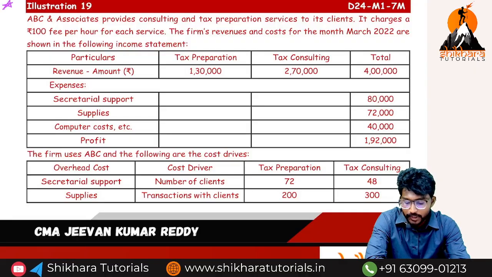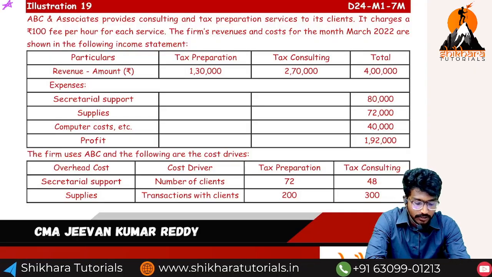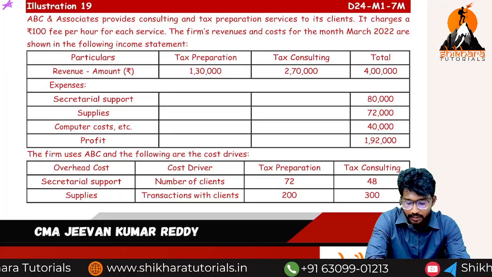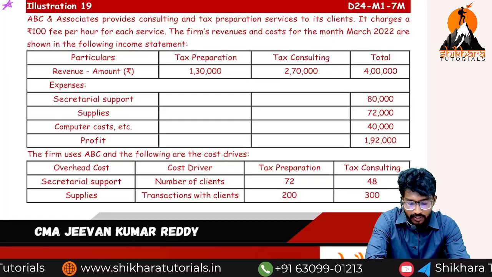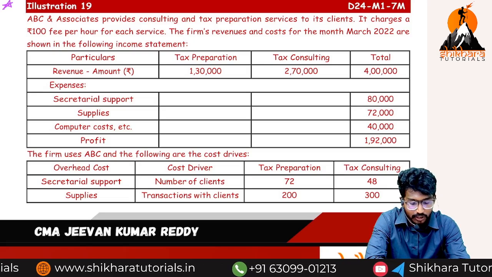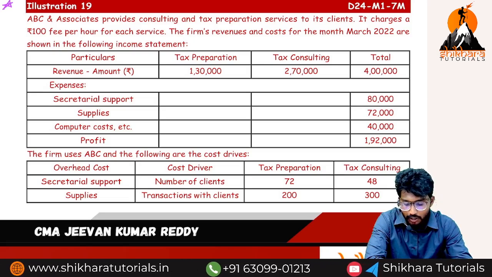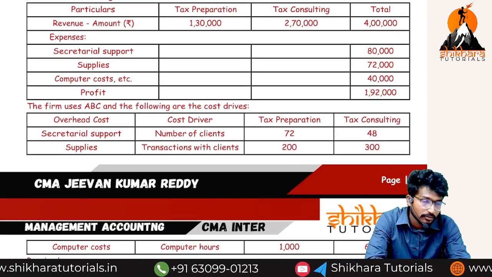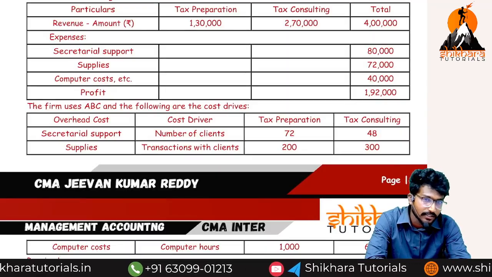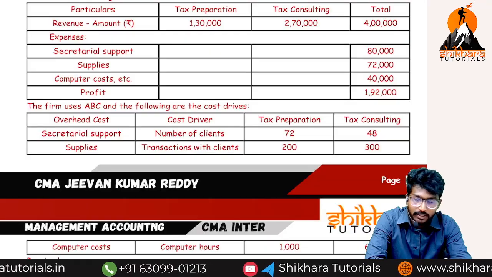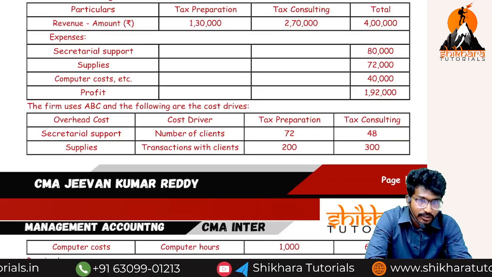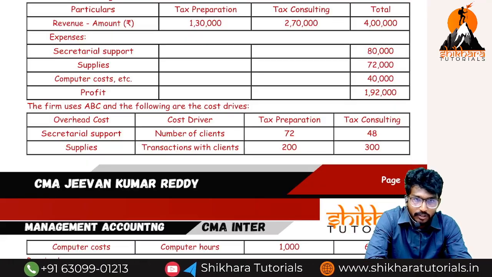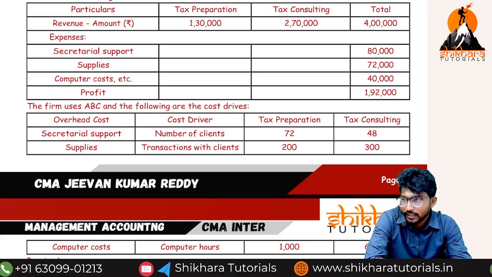Illustration 19. ABC and Associates provide consulting and tax preparation services to its clients. It charges a 100 rupee fee per hour for each service. The firm revenue and cost for the month 2022 are shown in the following income statement. Revenue from tax preparation, how much? 1,30,000. They are charging 100 per hour. Then what is the hours? 1300 into 100, that is 1,30,000.